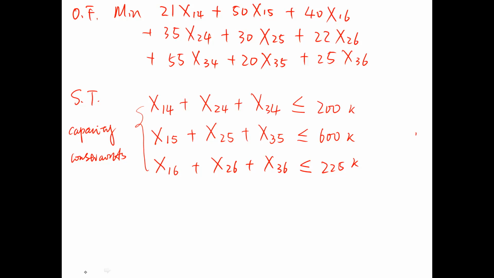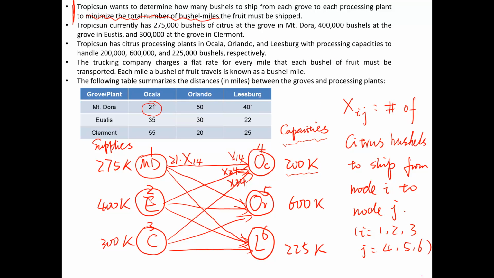Okay, now let's look at the supply constraints. It's probably pretty natural for you to think, okay, since at Mondora we only have 275,000 bushels of citrus available, we should not ship out more than what we have here.